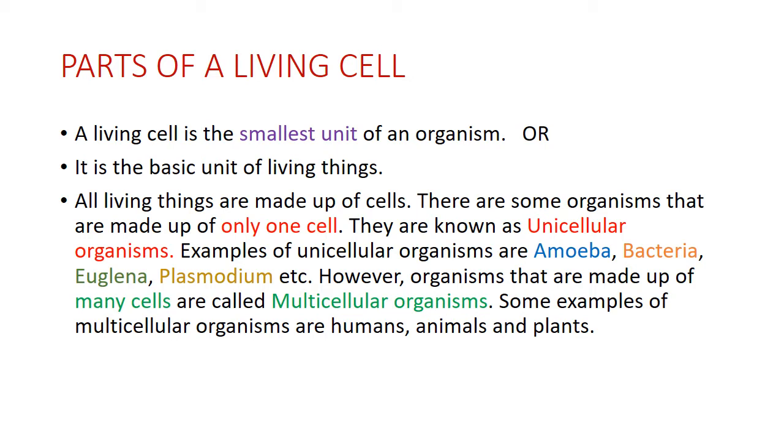Euglena as well. Plasmodium is also just one cell. You may have heard of Plasmodium. Plasmodium is the organism that causes malaria. Take note, it is not mosquitoes that cause malaria, it is Plasmodium. The mosquito will rather carry this Plasmodium, and it is the Plasmodium that will cause the malaria.